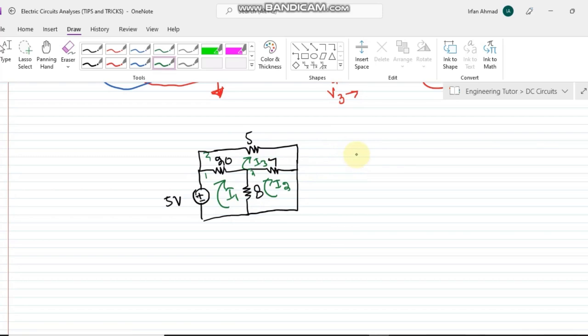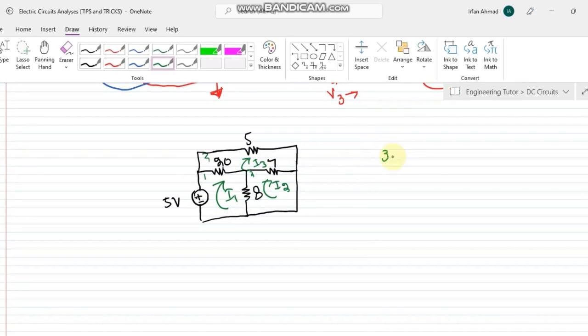We will have a system of equations composed of 3 equations with 3 unknowns, and if we convert those equations into matrix form, we will have a 3 by 3 matrix here, which will be a fat matrix. Here we have to solve for I1, I2, I3, and that will be somewhat difficult.